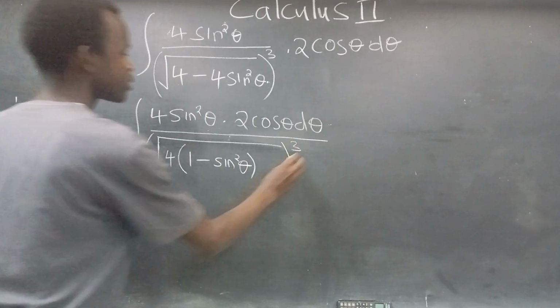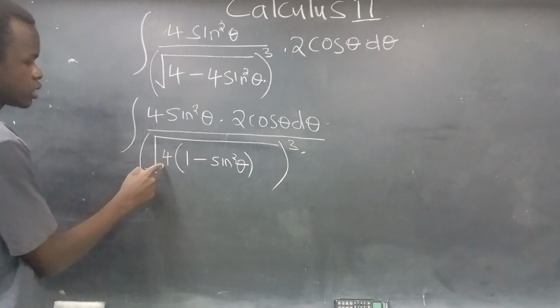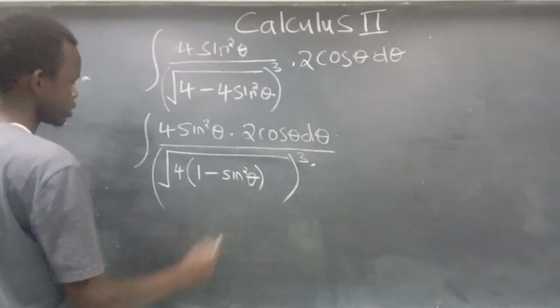Don't forget that part. So I'll get my square root of 4, and I'll get this other square root.